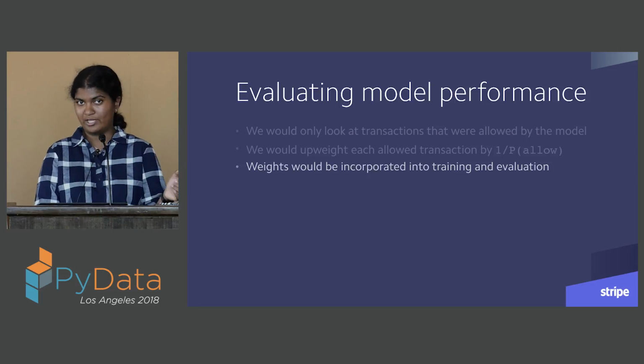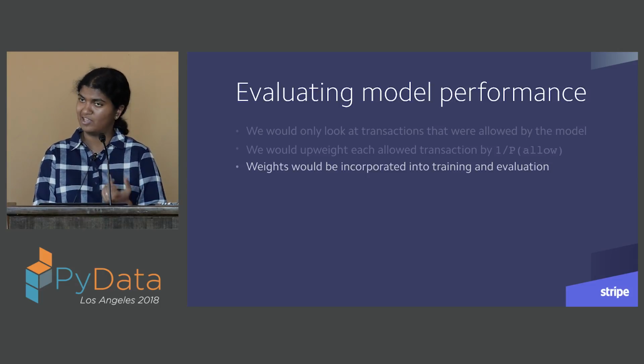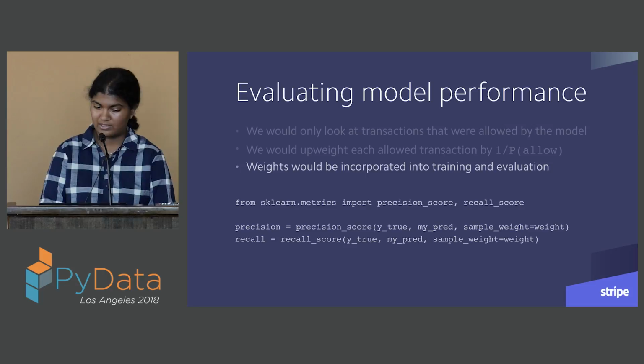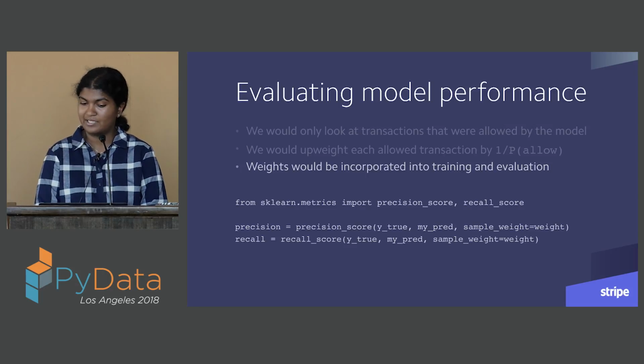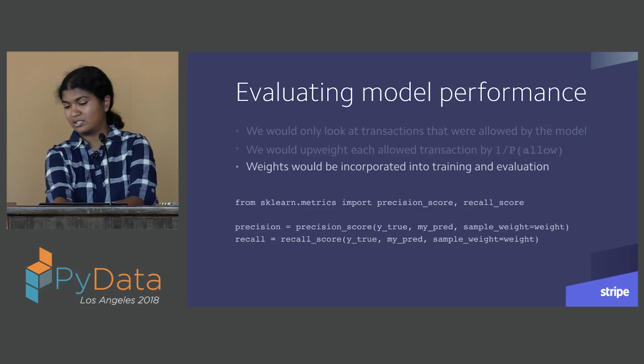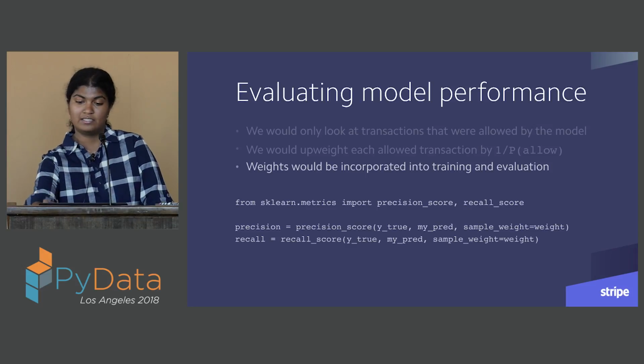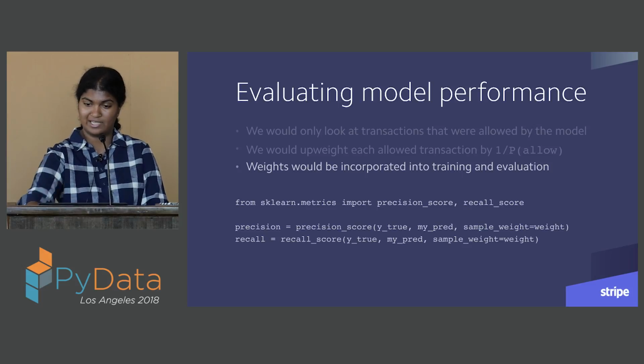And we would use these weights in both training and evaluation. And as an example, as anyone who's used scikit-learn is probably aware, you can use sample weights really easily when calculating precision and recall. And the sample weight equals weight is these weights that were 1 over P(allow).